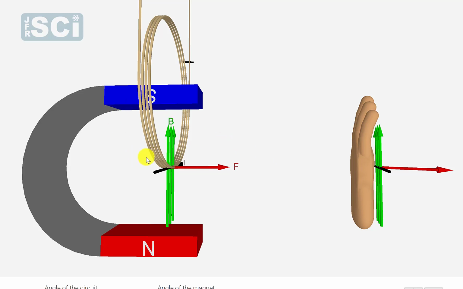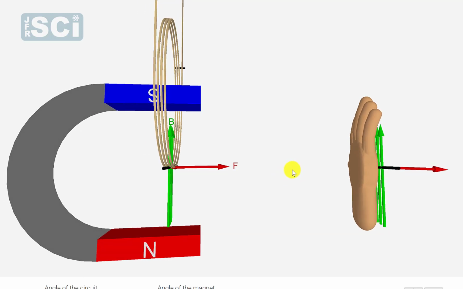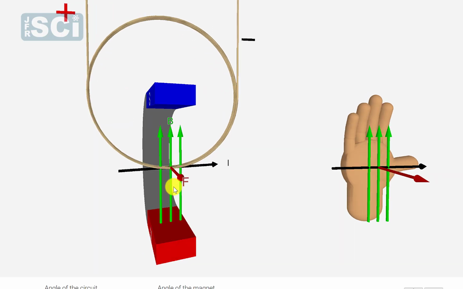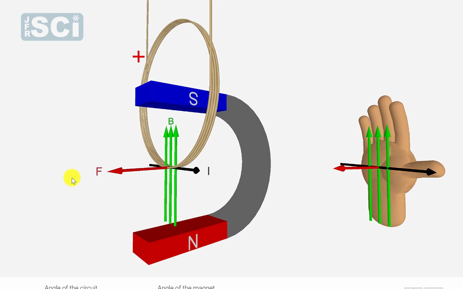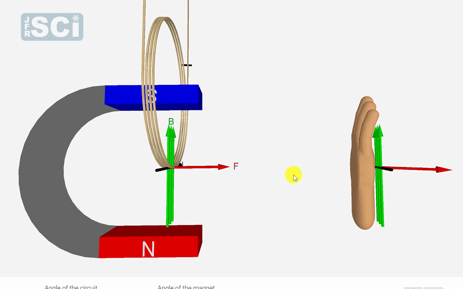So we have here that this loop of wire should be forced outward. And that's very similar to what we just found with our example in our notes, was that there was a net force on the wire that was placed inside this magnetic field. So we remember that this is going to be our right-hand rule that will help us determine the direction of our net force or magnetic force.